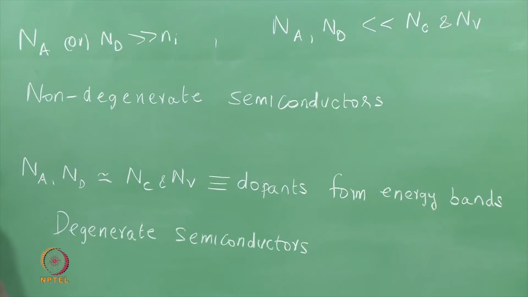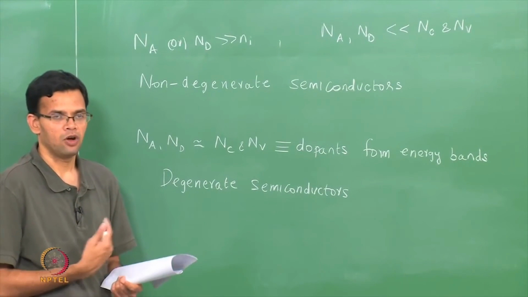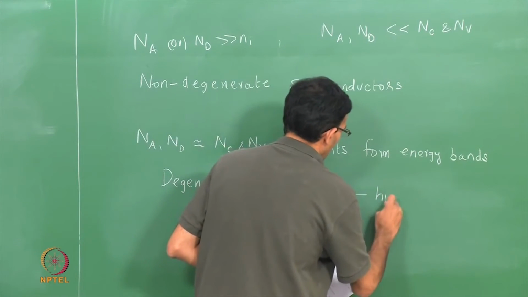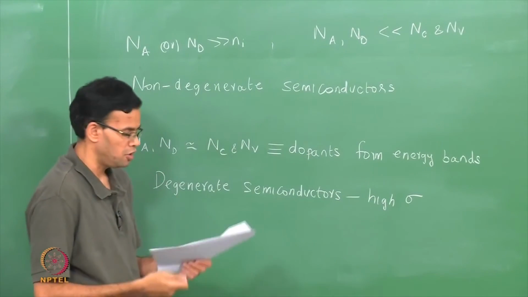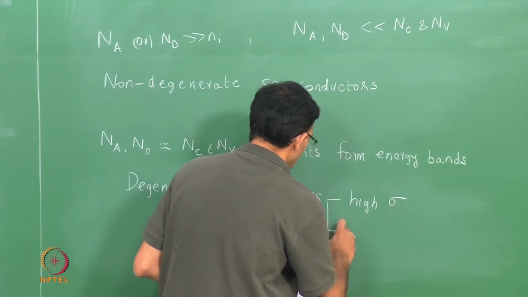Because your dopants form energy bands, it is also possible that these bands can overlap with the conduction band or the valence band. So, degenerate semiconductors have high conductivity because they have a high concentration of impurities, but they also behave very similar to metals.